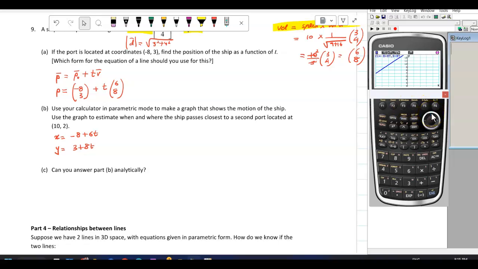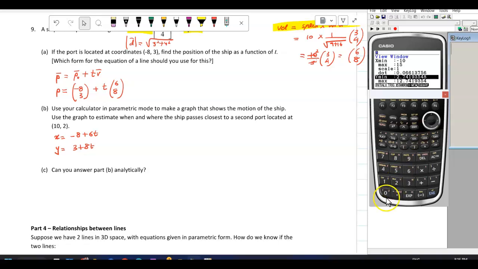I'm just trying to find where my calculator is. View window. I'll take my scale as, let's say, minus 10 to 15. What is the point I've given you? 10,2. Okay, 10,2 is down. Minus 10, 10. 10,2. So I'll take it as 15. Correct? Y scale. What is the Y minimum value we had? Where did it start, with 3?